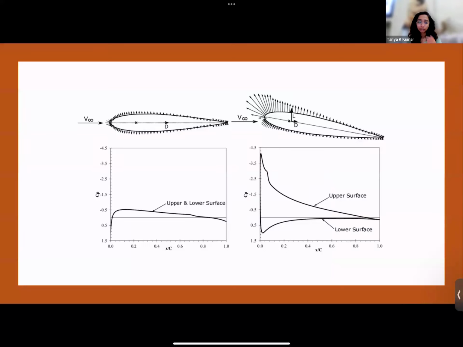This is the graph that is used to depict how much the pressure changes. The upper surface is negative pressure, the lower surface is positive pressure. At zero angle of attack, it's all balanced out. You have a similar pressure distribution here. When you increase the angle of attack, you can see how it changes. So this is the figure that we've seen in the previous slide, right? So it's something like this.